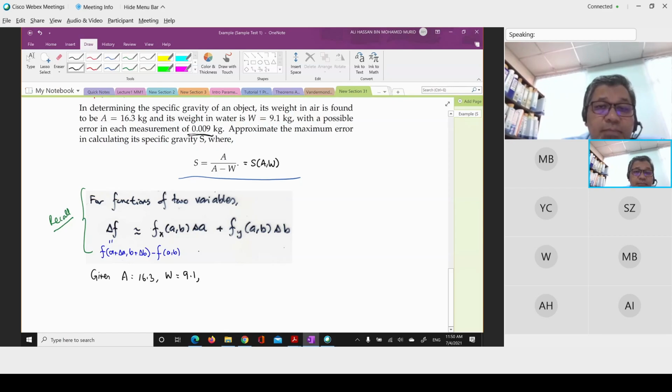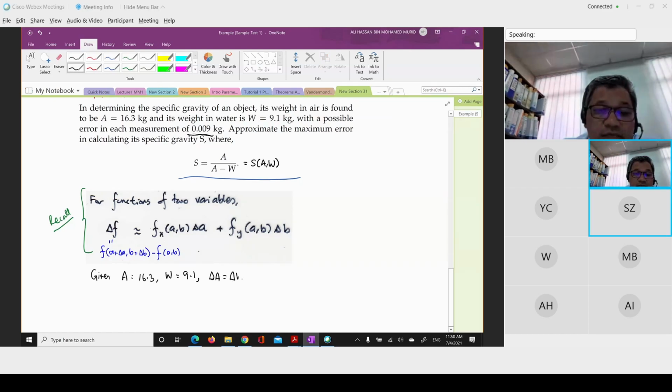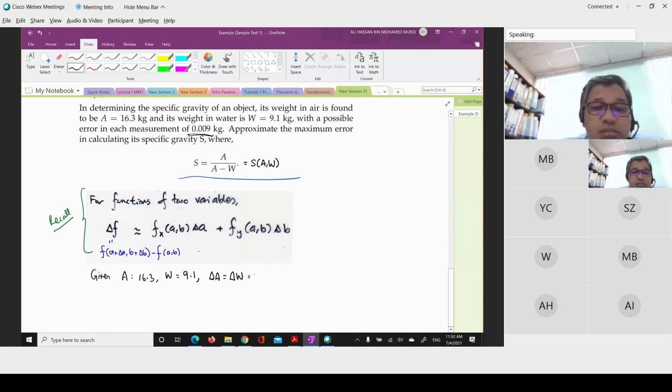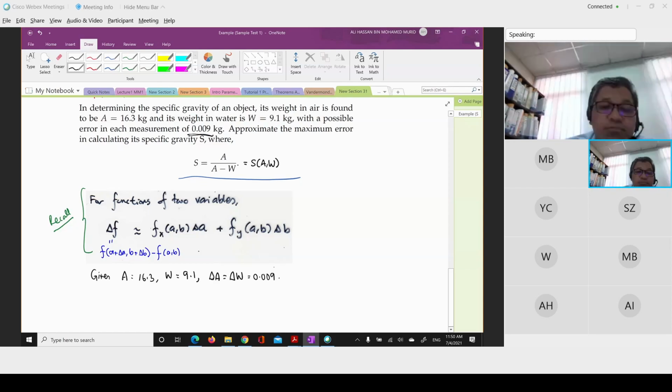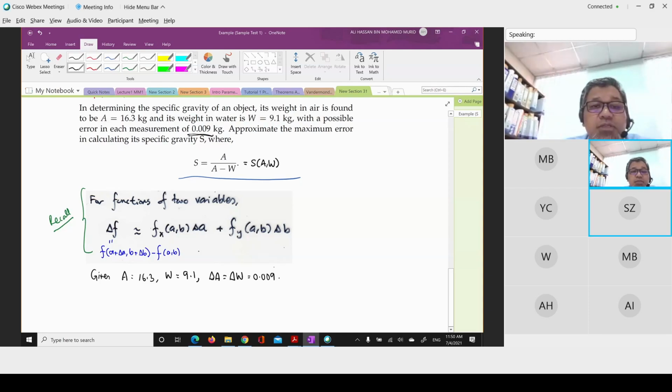So that means delta A and delta W are equal to 0.009. With a possible error in each measurement. Delta also measures error.